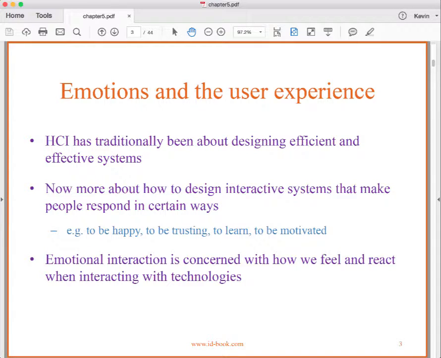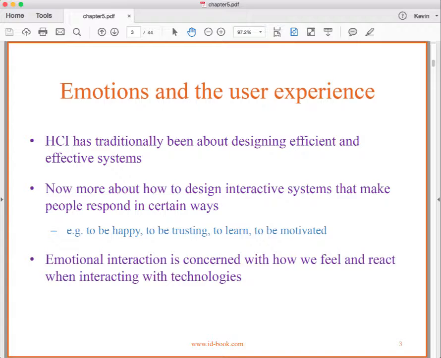So human-computer interaction has traditionally been about designing efficient and effective systems. Now, we want to be able to concentrate on designing those interactive systems in a way that encourage people. I'm not going to say we make people respond.